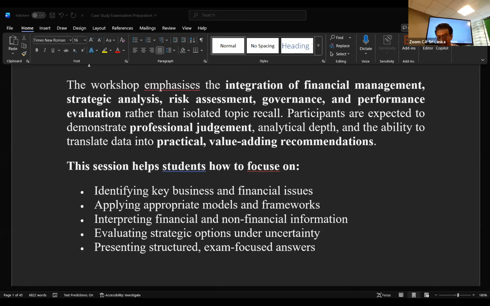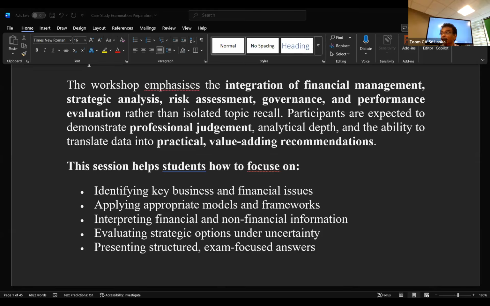Another thing: when the examiner says calculate free cash flow, you start from net profit. Students don't understand that you are calculating free cash flow to the equity. In one or two cases, the examiner started from net profit, then you adjust depreciation, and then again deduct taxes.